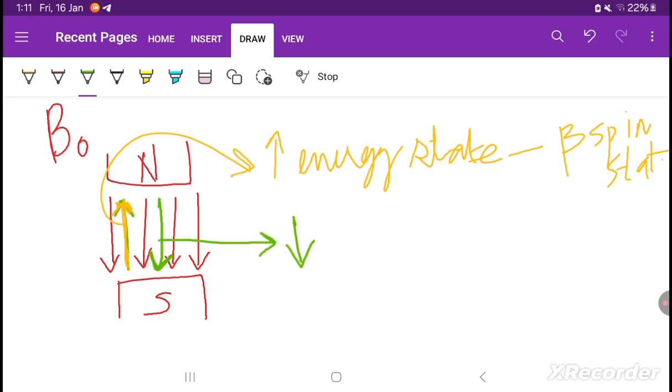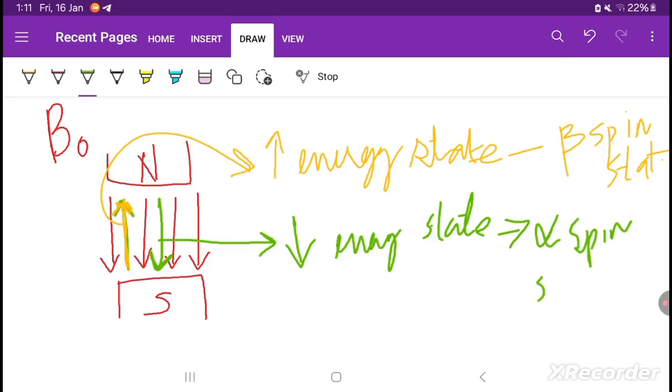Along the field means lower energy state, and it is called the alpha spin state. So there are two spin states in this. It keeps on alternating between alpha and beta, and this will make us identify the structure of a molecule.